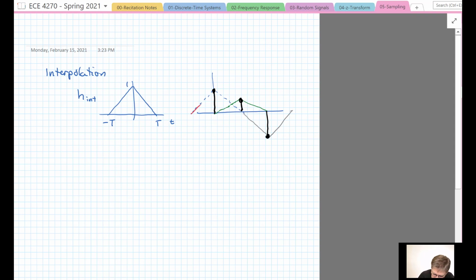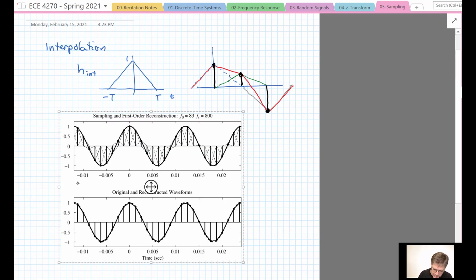But when we reconstruct, adding these two lines together will get us something right like that, and adding those two lines together gives us this. So we have now a linear interpolation between those, and we can see what this looks like on a larger scale. It certainly makes a waveform that looks much more pleasing than what we had with a zero order hold.